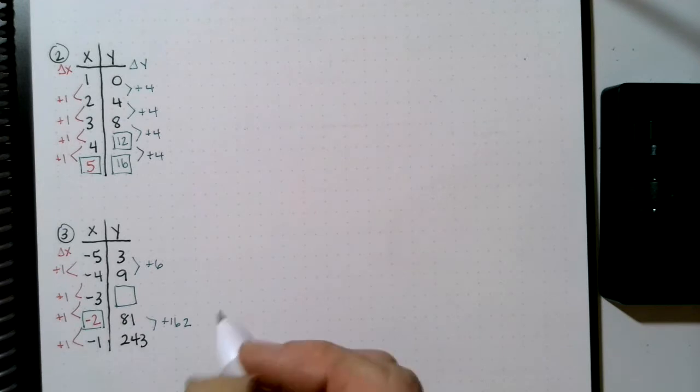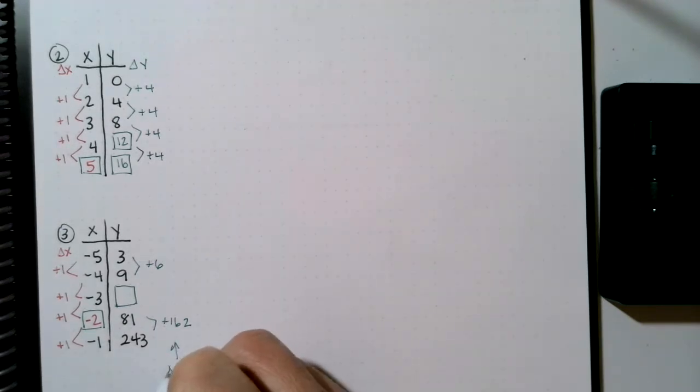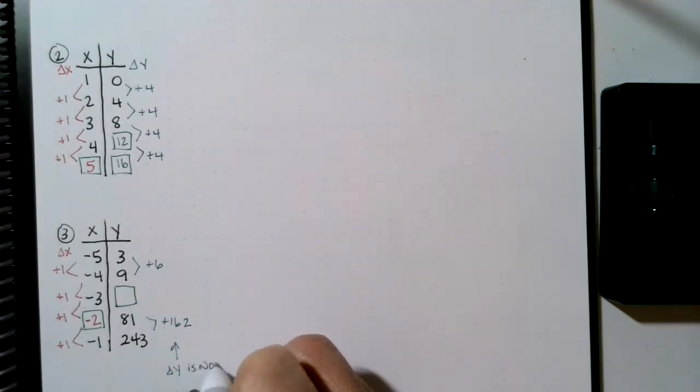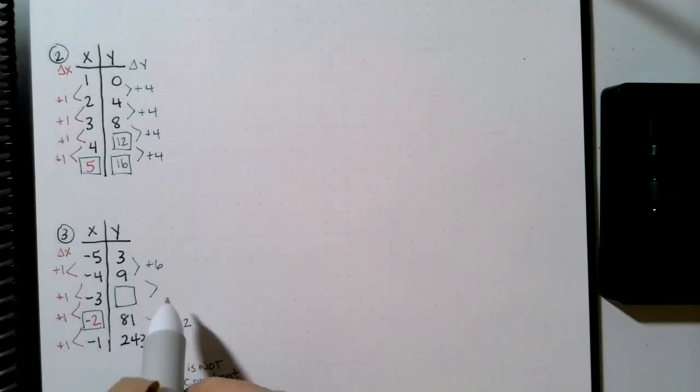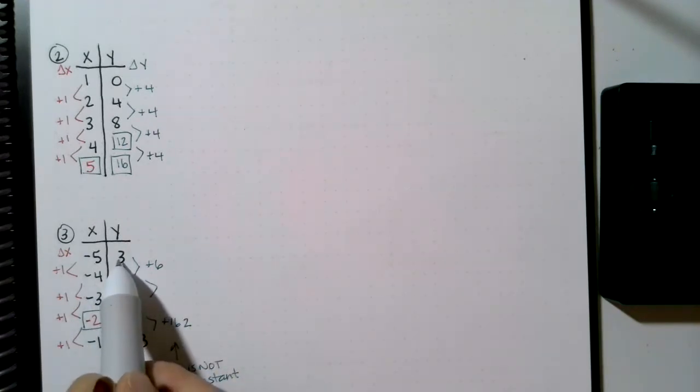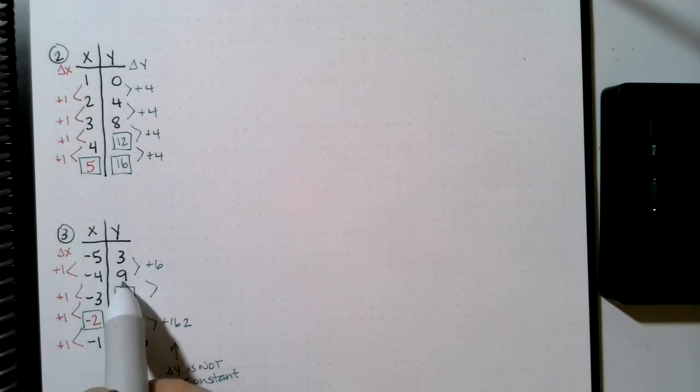So we can see right away that my change in y is not constant. So we need to look at some other patterns. You can look, we don't really have any second differences that we can see. We could kind of hypothesize what those are. But I hope that you'll see that 3 times 3 gives you 9, and 81 times 3 gives you 243.